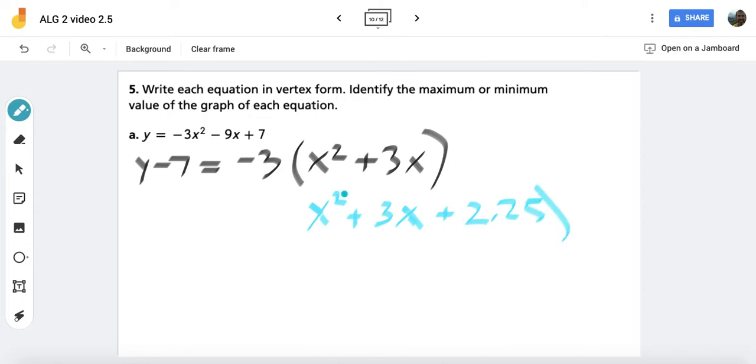And now that's a perfect square. I'm going to write it down before I forget. That is x plus 1.5 squared.